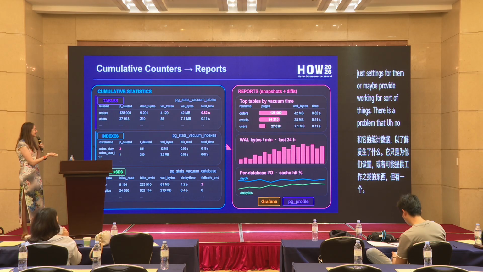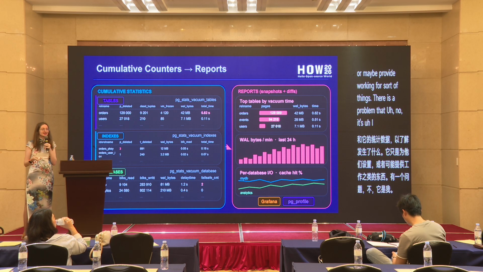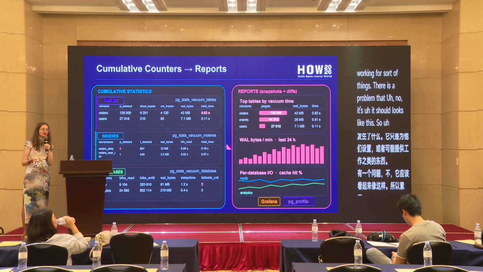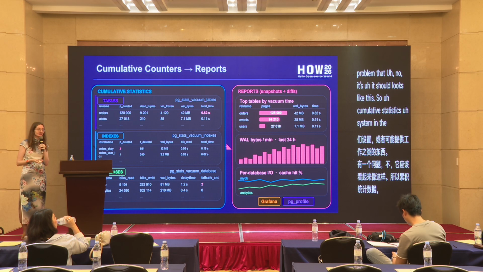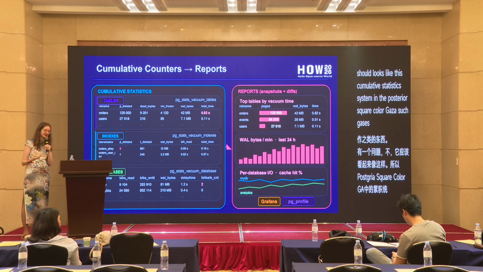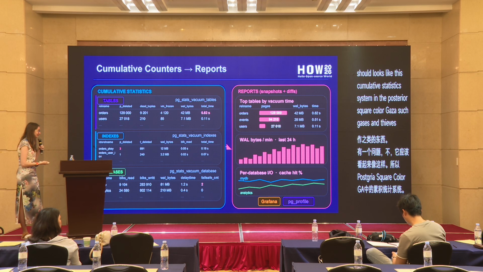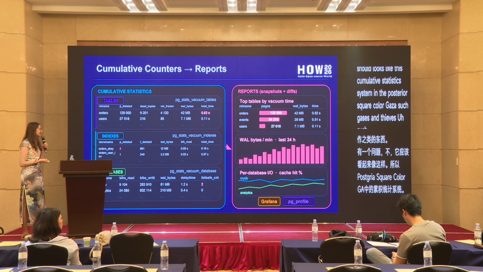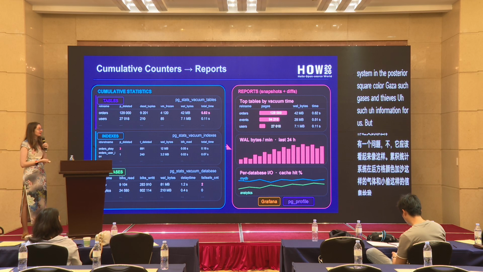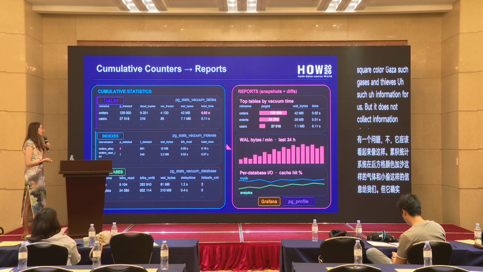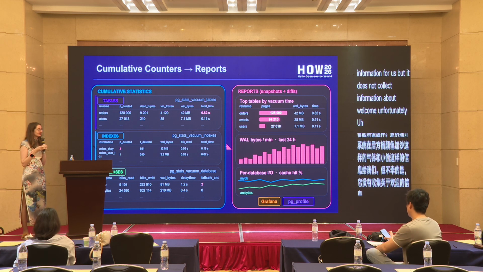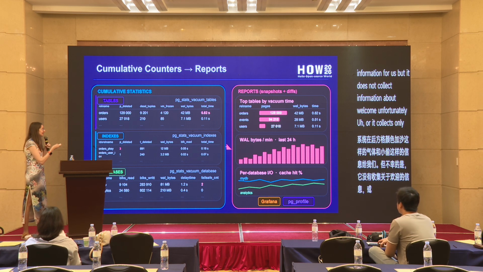But there is a problem. It should look like this. The cumulative statistics system in PostgreSQL gathers and saves such information for us, but it does not collect information about vacuum, unfortunately. Or it collects only a small part of this information.